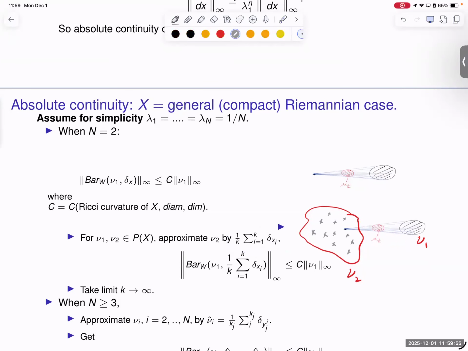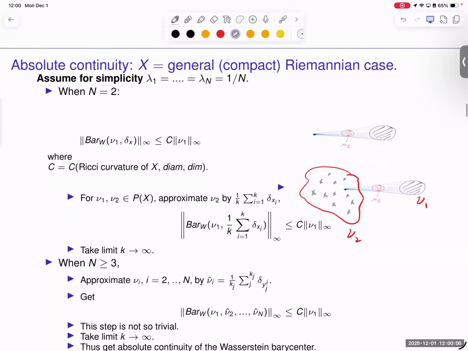What happens is, for the sum of Diracs, you have the following feature.